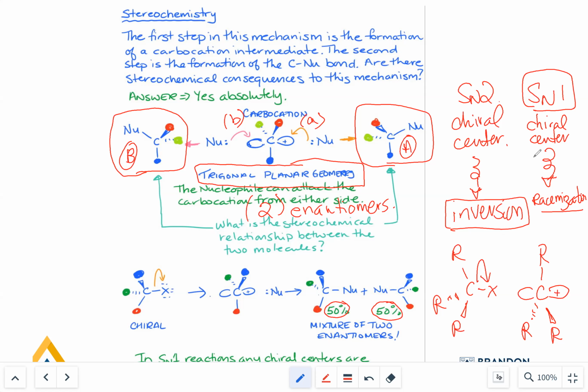It's just one of those things, the life of an organic chemist. So if you've got a chiral center, it's going to be racemized. So that's one of the key points here. So stereochemically, SN2 reactions, you get inversion of the stereocenter. SN1, you're going to get racemization.